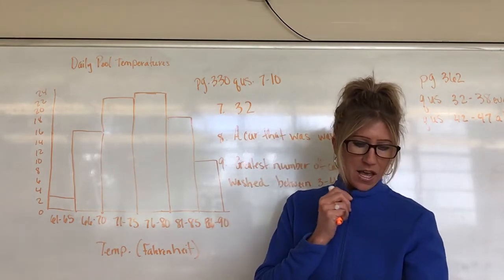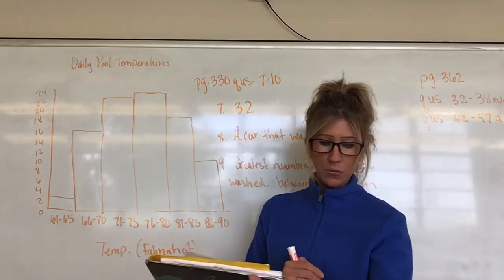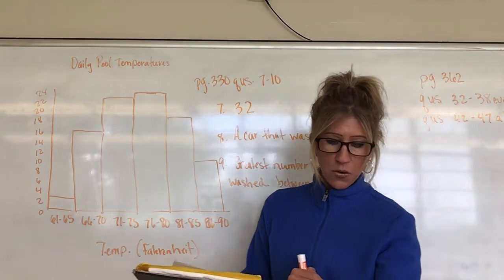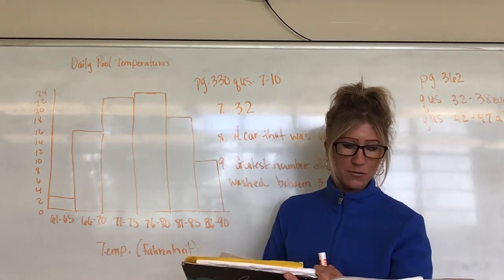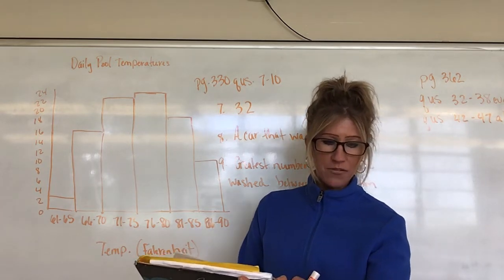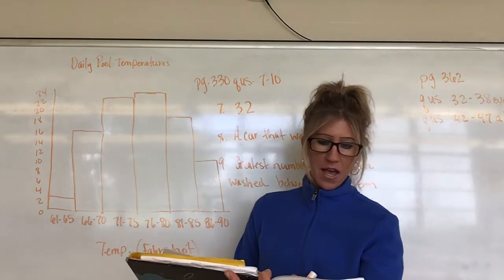Number 10, the frequency table shows the daily water temperature in a pool during the summer. It asks us to construct a histogram to display the data we saw to our left. This is the interval in degrees Fahrenheit, and then the frequency.